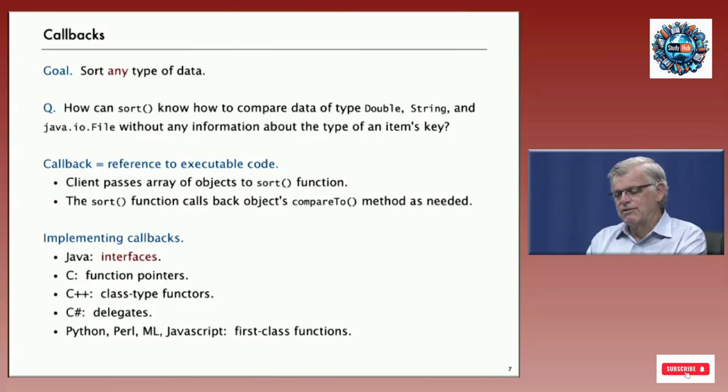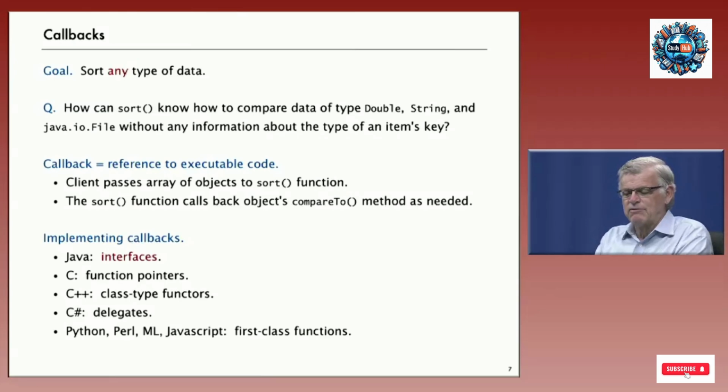Different languages have different mechanisms. It's all about the idea of passing functions as arguments to other functions, which is a deep area that gets us into functional programming and thinking all the way back to Turing and Church. For Java, because of the desire to check types at compile time, they use a specific method called an interface. And we'll look at the details of how to implement callbacks with Java interfaces now.